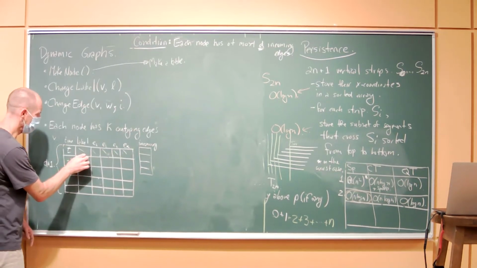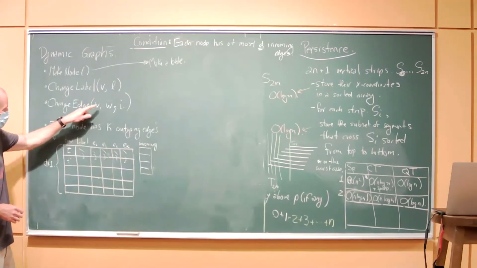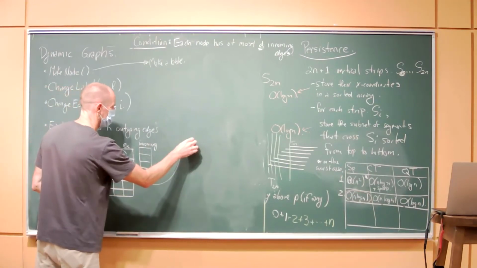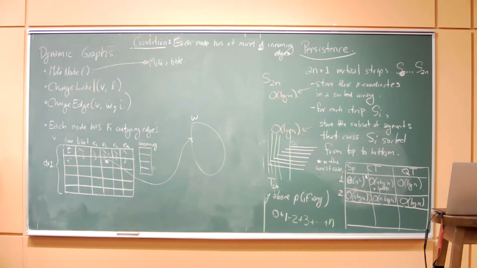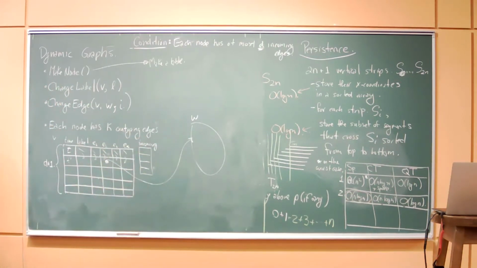We copy everything else from the previous row, except for EI, we change that so that now it points to W. Easy enough? Good.